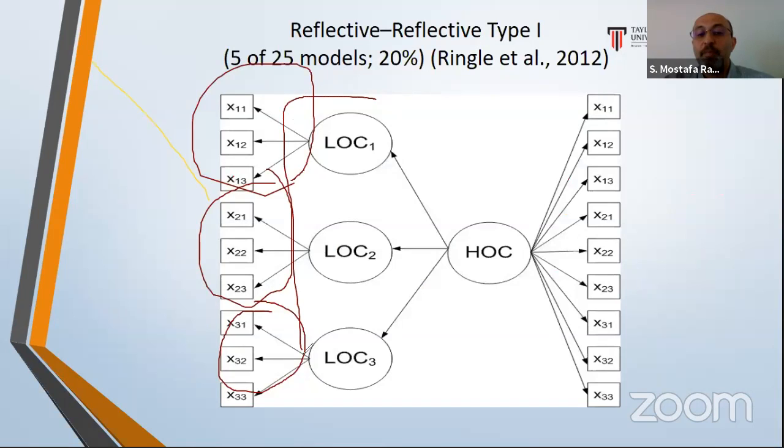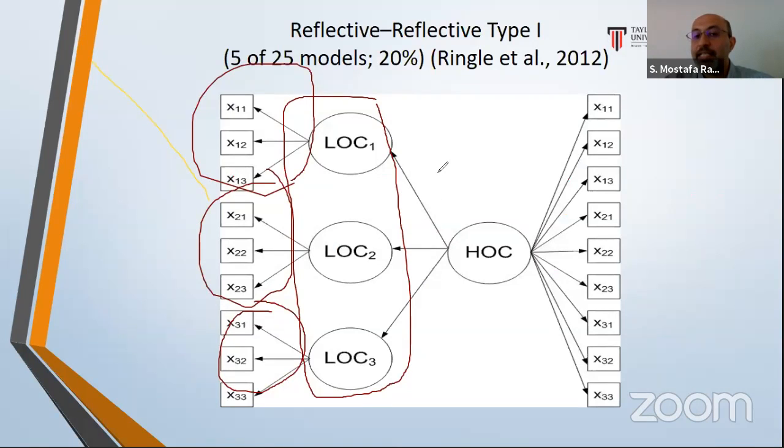And these 3 dimensions together reflectively create the higher order construct, right? So you can see the direction of the arrow from higher order to lower order construct, from second order to first order construct. And the direction of the arrow is from construct to item, right?